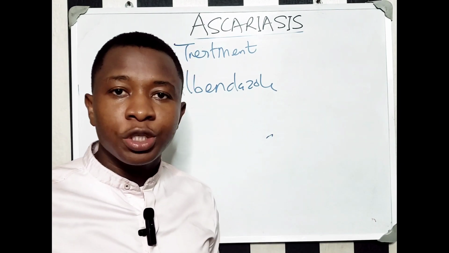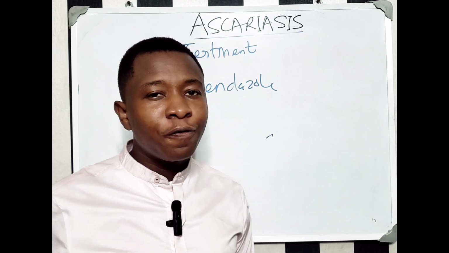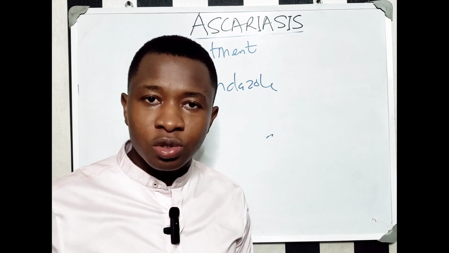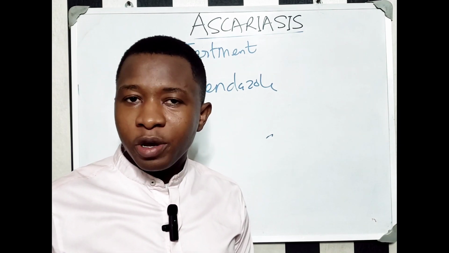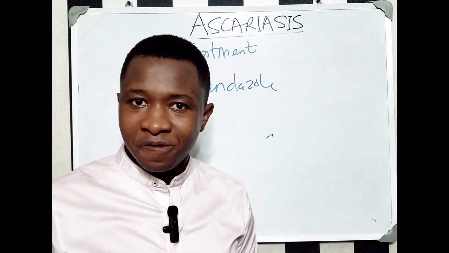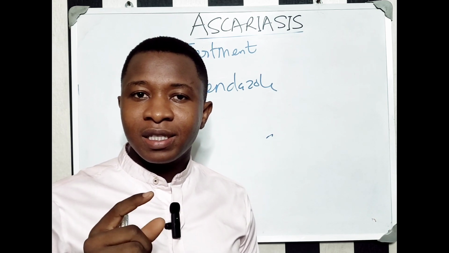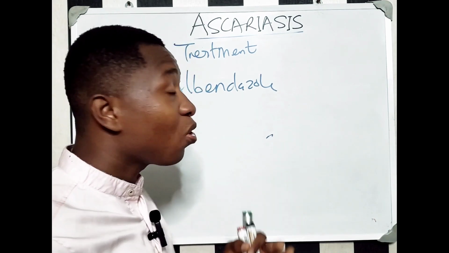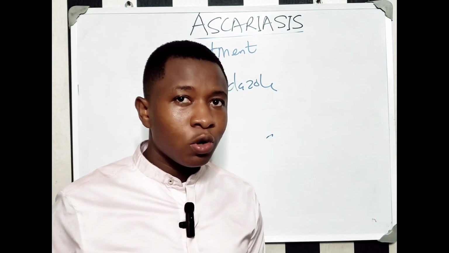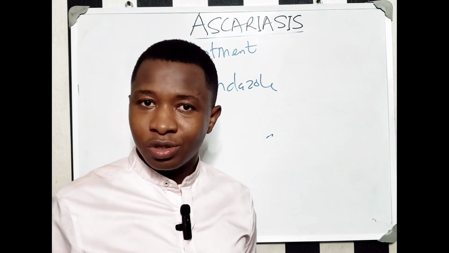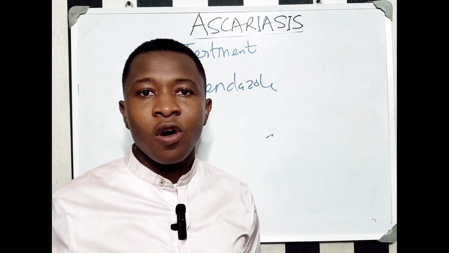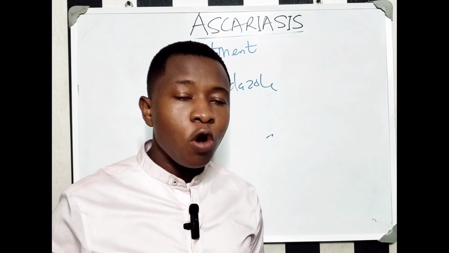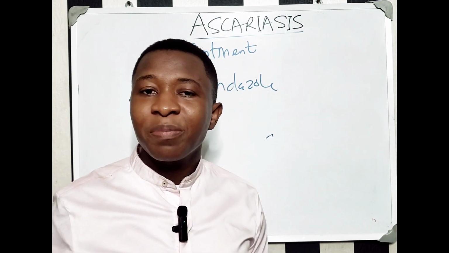How do you prevent this condition? Make sure that your food is well cooked to a point where you are satisfied that the eggs of Ascaris lumbricoides are destroyed. Because if your food is undercooked, then you have high chances of getting this infection. Also, your environment should be kept clean.